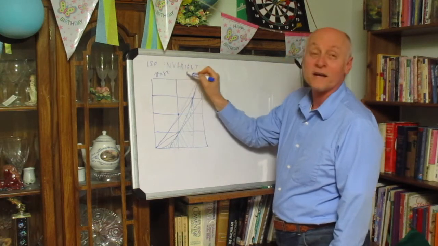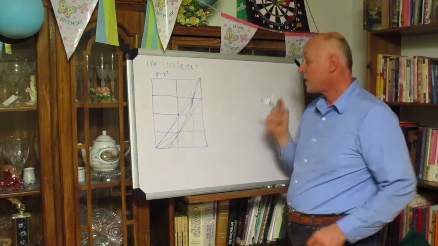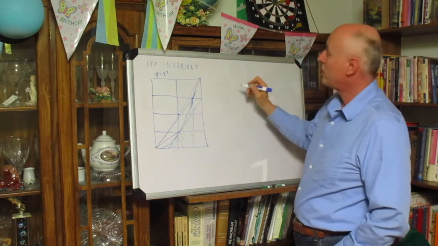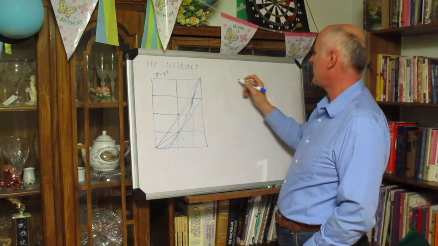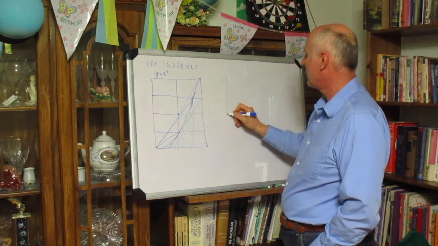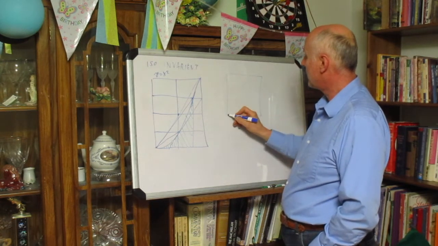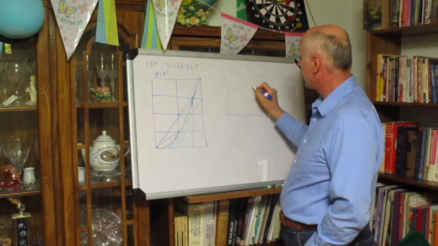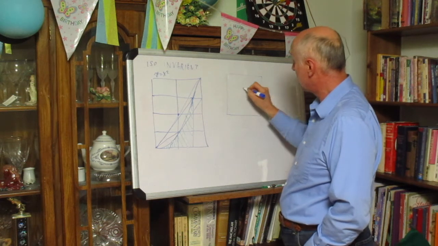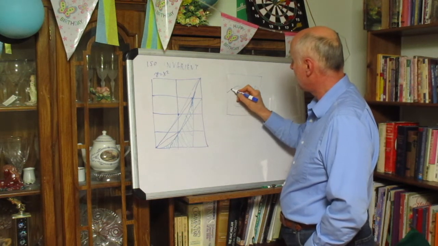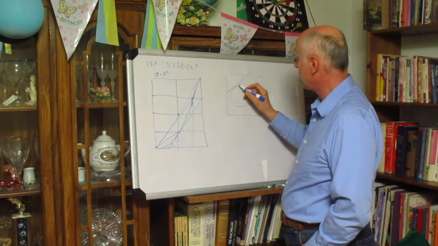Iso Invariant. That's a little bit different from the amoeba that we drew. Remember, we had some kind of amoeba.